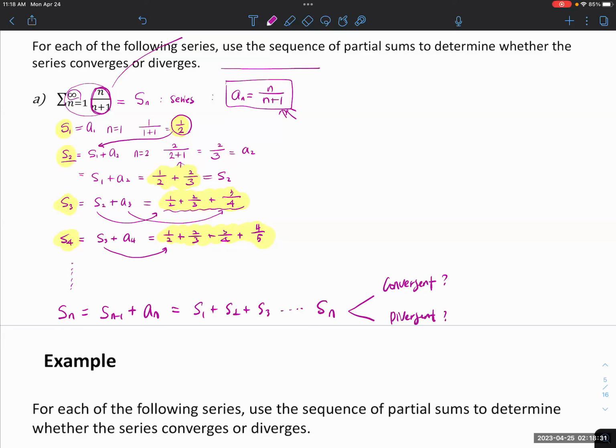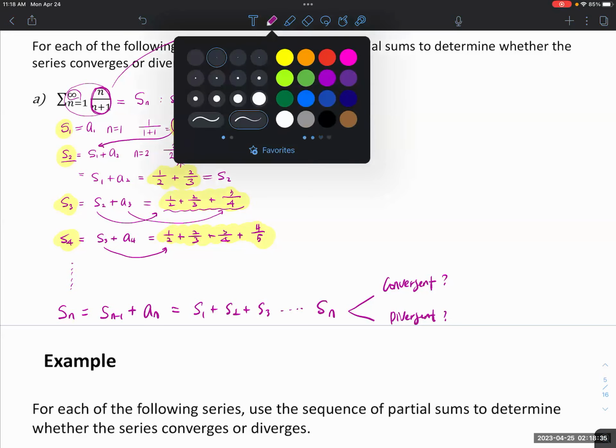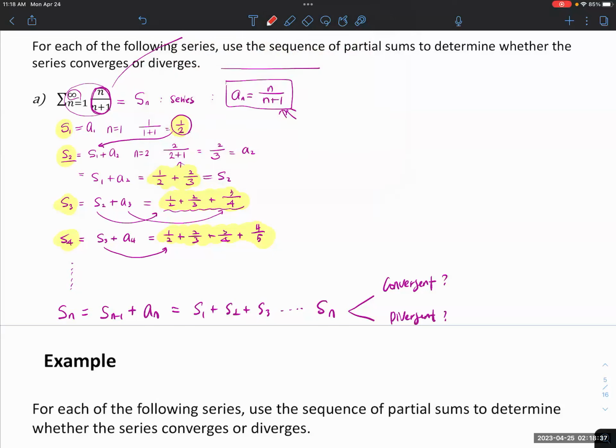It's hard, right? So what we are going to do is use the squeeze theorem. Let's look at the pattern. This S1, we just know it is equal to 1/2. S2 is this one.